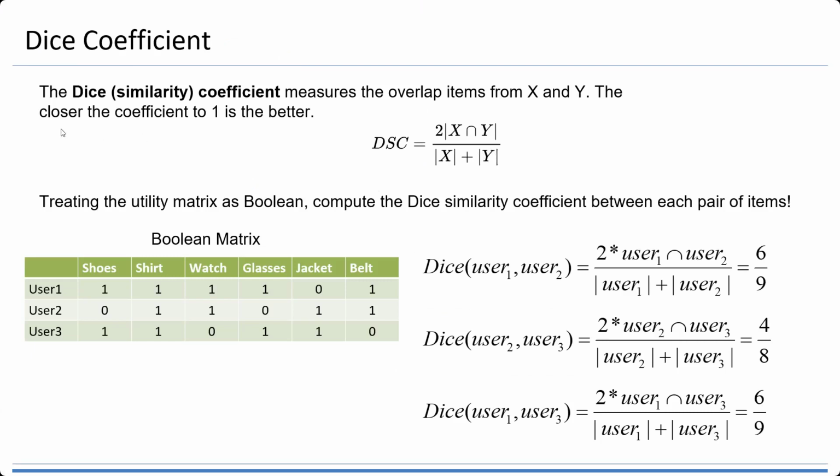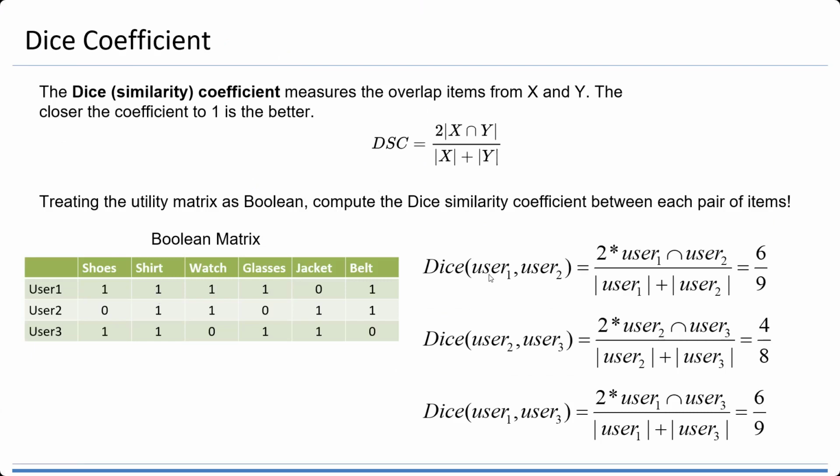So the closer to 1 is better. Okay, so this is the concept of similarity. Again, we can treat the data as a boolean. Boolean means 0 and 1. And okay, let's try to compute the dissimilarity between each pair of the items.